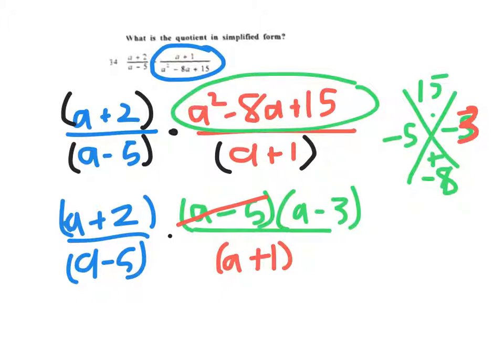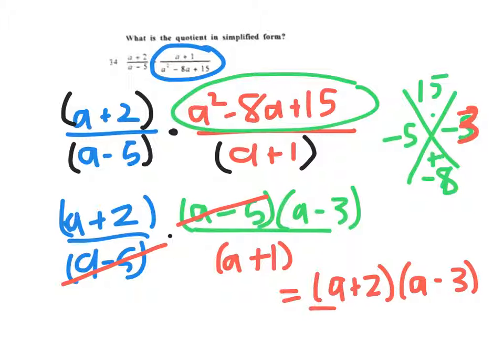So I notice an a minus 5 and a minus 5, but nothing else seems to cancel out. So my final answer would be a plus 2 times a minus 3, and then all divided by a plus 1. And that is your final answer.